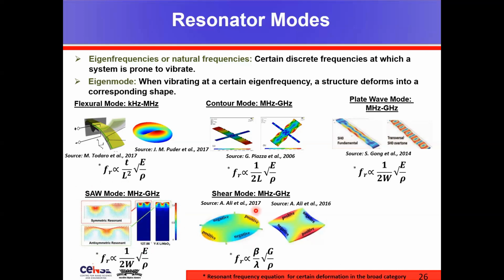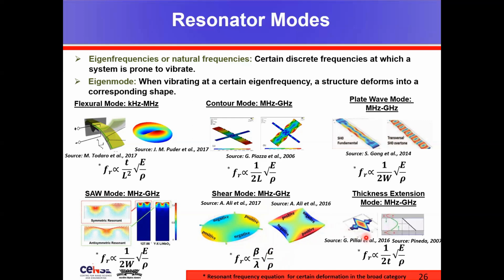These are the shear modes, which are also used in the megahertz to gigahertz range, where the shear modulus of the material determines the operational frequency, among other things. The shear modulus determines the acoustic velocity of the mode. Thickness extension mode is another important one, as I mentioned in my first slide. This is the mode that is used for FBAR application, which is actually dominating the filter industry.